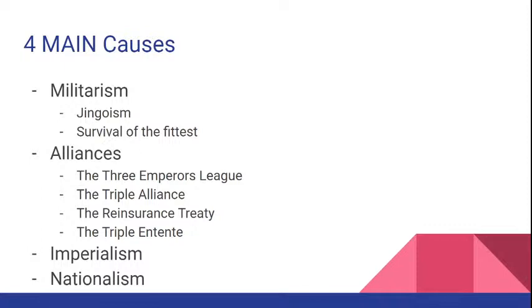So if one little spark happens, if one little conflict happens between two nations, then these alliances are indebted to the nations they're in an alliance with to help them, and they're held responsible to help them out. So you get all these nations fighting in the same war. And that's all for alliances.